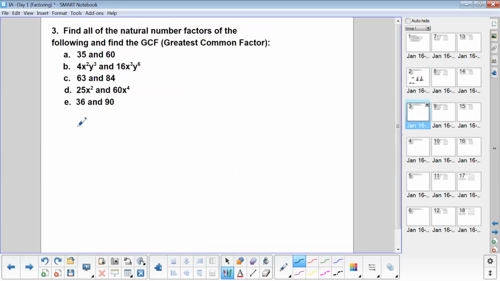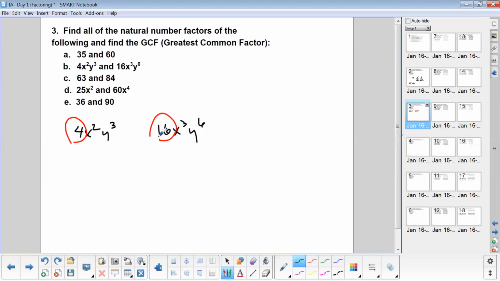Next one, we're going to look at part B. I've got 4x squared y to the third and 16x to the third y to the sixth. So we always want to look at our coefficients, just like the previous one with 35 and 60. Now we're looking at 4 and 16, and I want to know what's the greatest common factor.